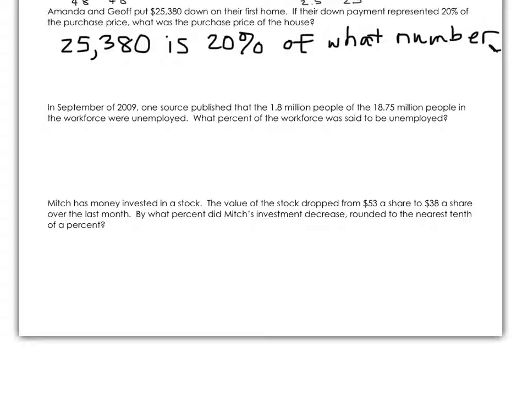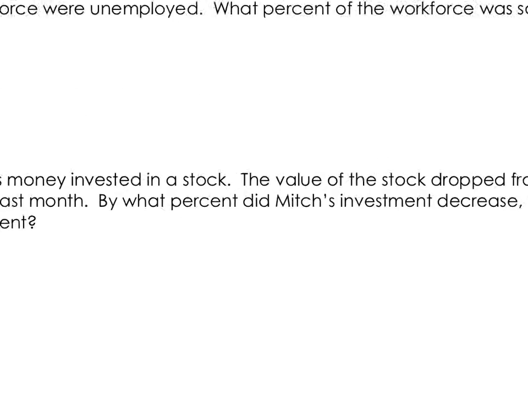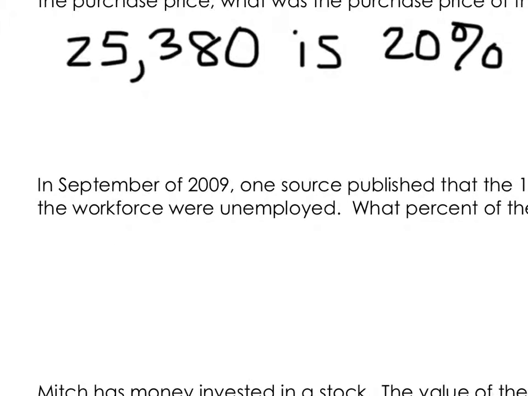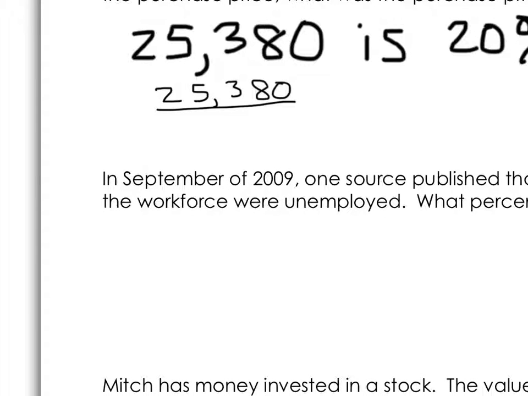Sometimes if I do that, it helps me set up the problem. So 25,380 is my is number. The of number, I don't know what that is, but I know that 25,380 is 20%. So that gives me my equation.